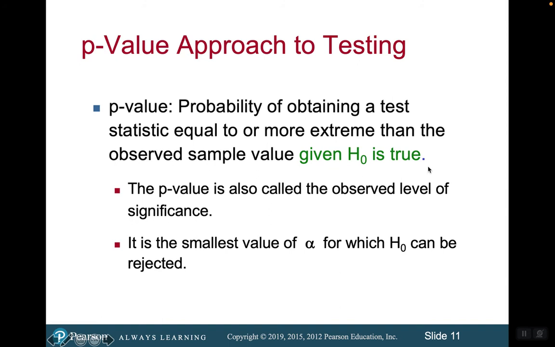So basically, we establish our baseline of H0, and then we calculate this p-value. The p-value is a term we call the observed level of significance, or it's also the smallest value for which H0 could be rejected.